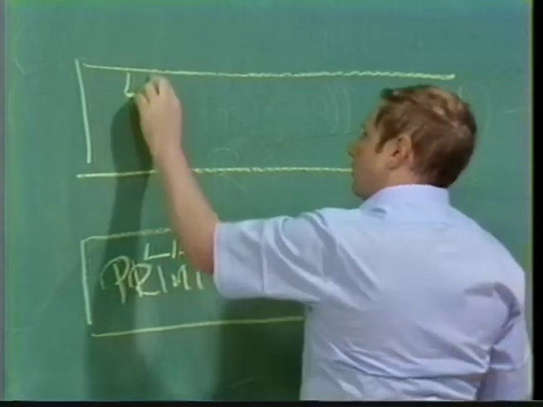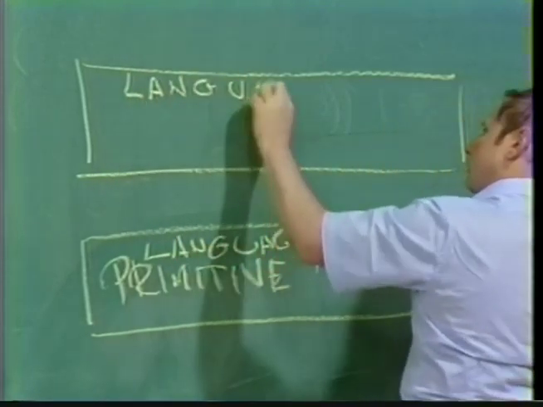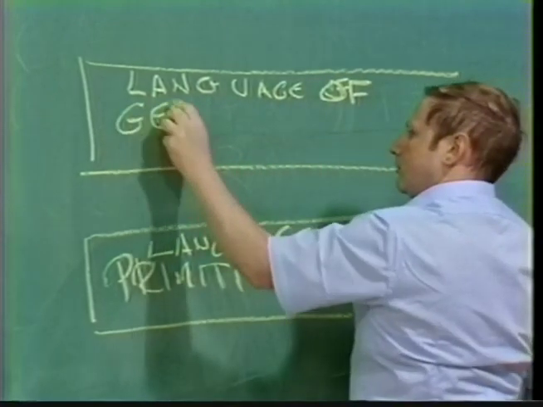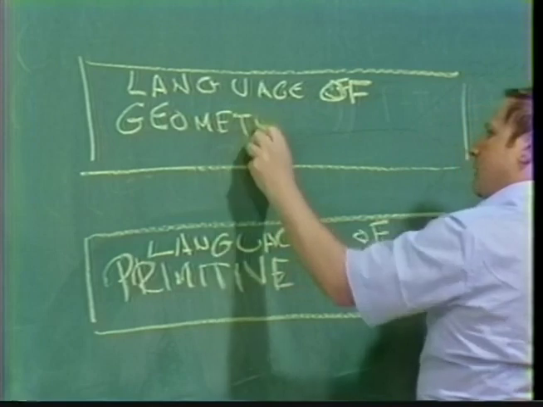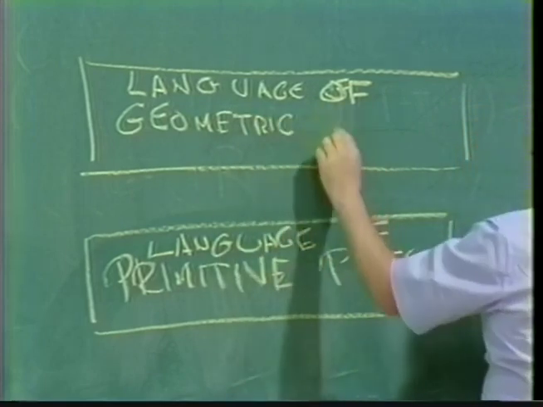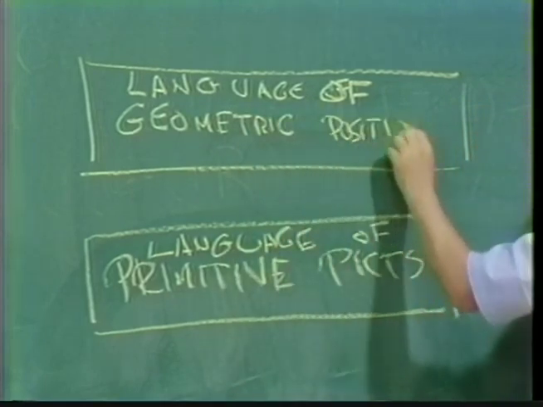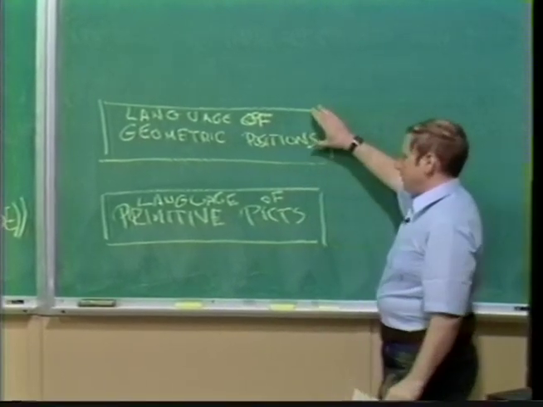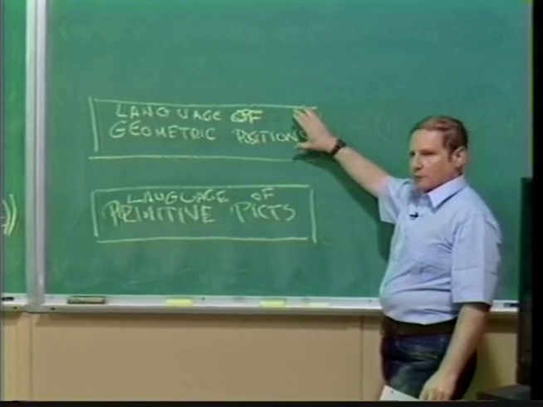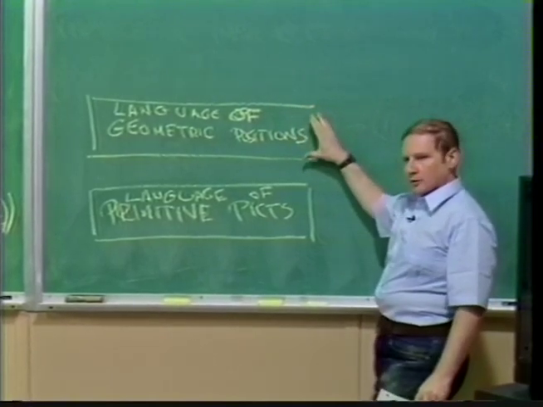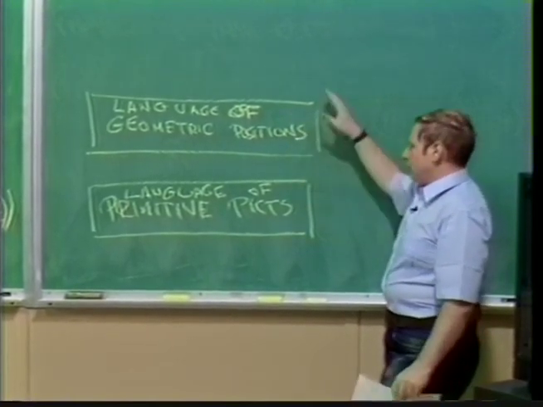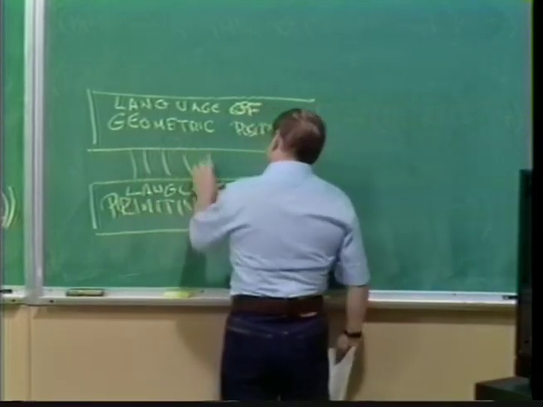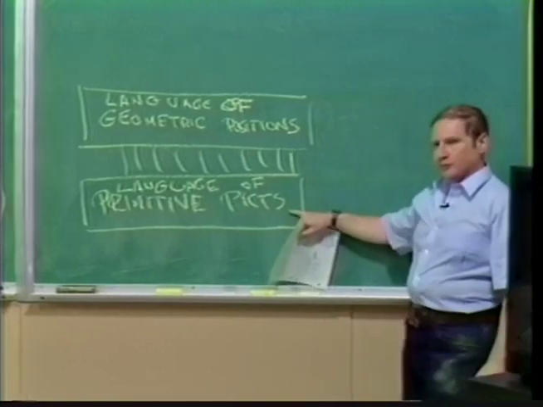There was a language of geometric combinators, a language of geometric positions, which talks about things like above and beside and right push and rotate. And those things sort of happen with reference to the things that are talked about in this language.